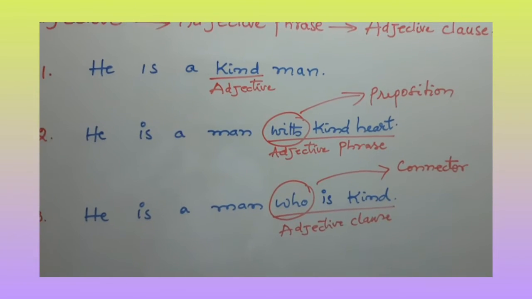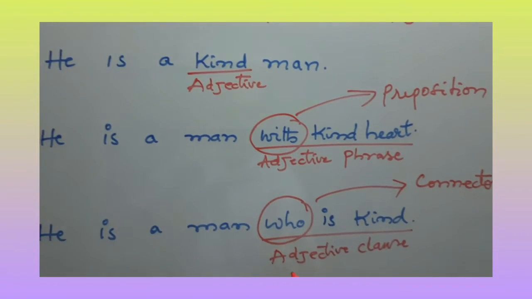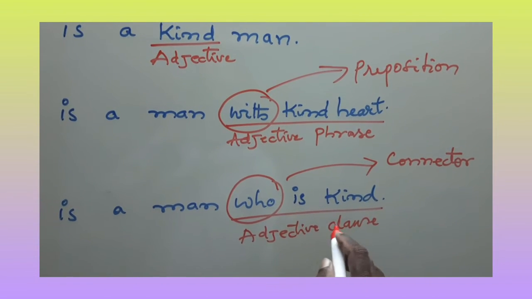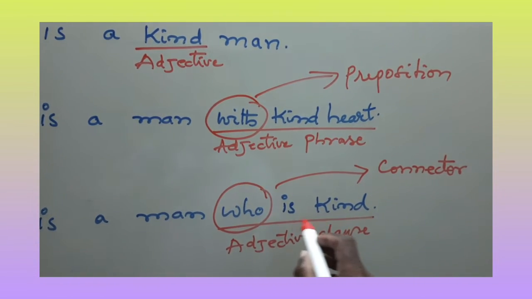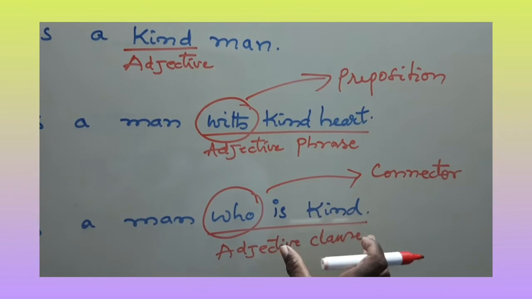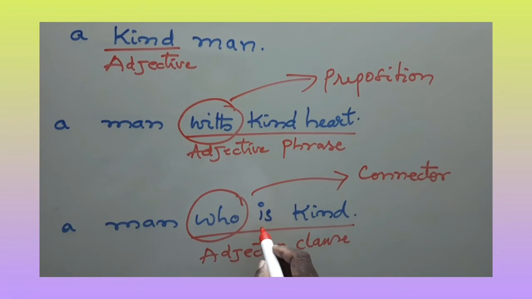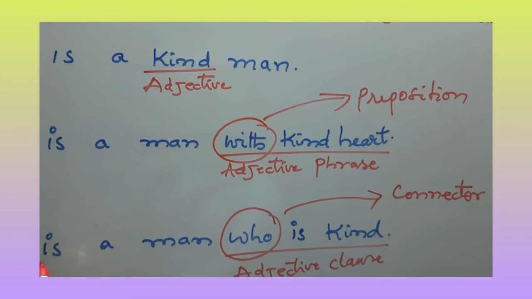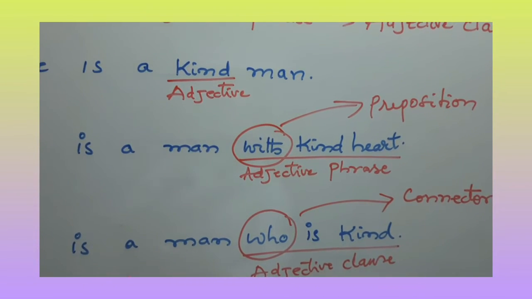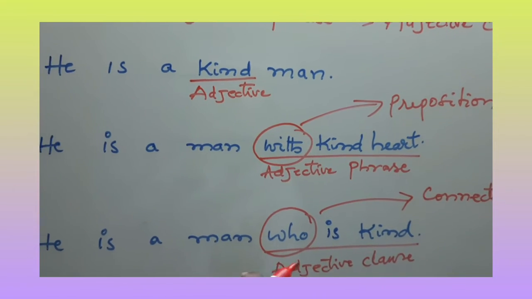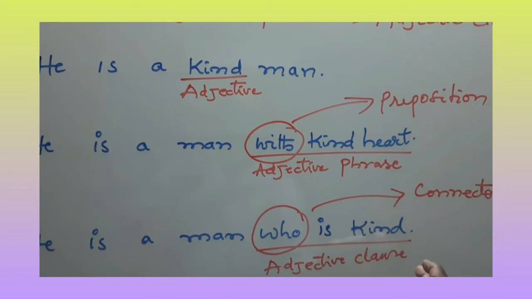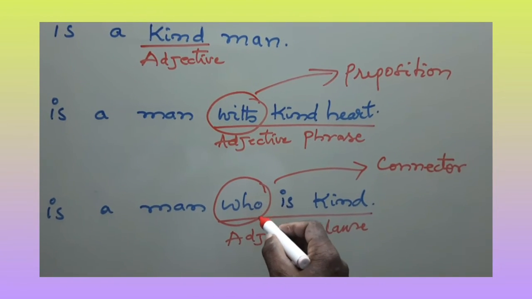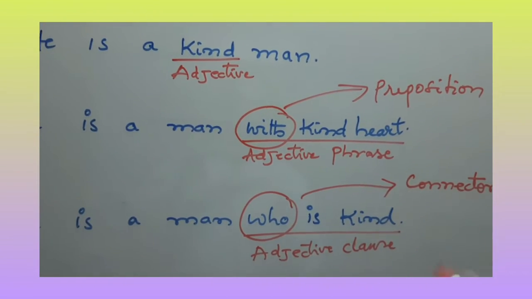So we can call this a clause, which has a verb and a predicate. So this is the main clause, this is the subordinate clause. A subordinate clause always begins with a connector.